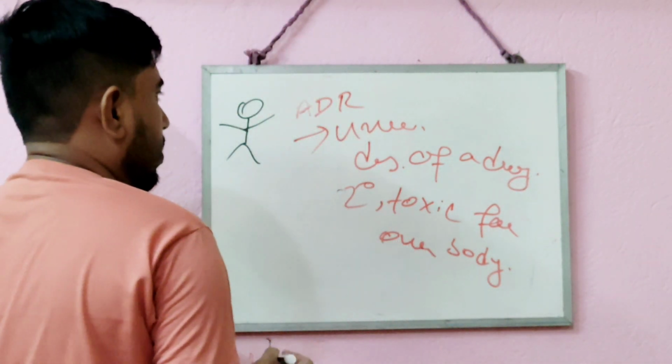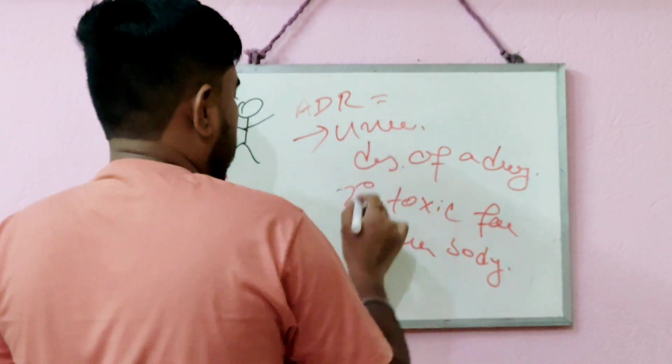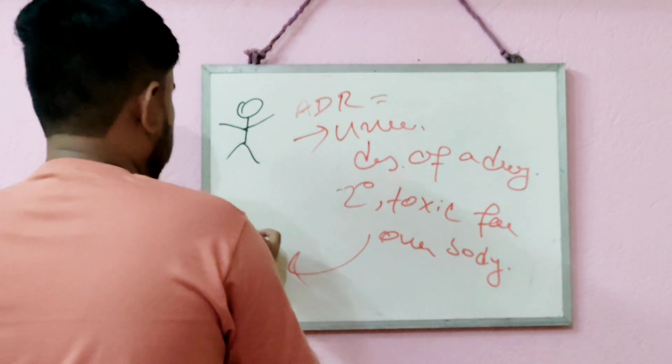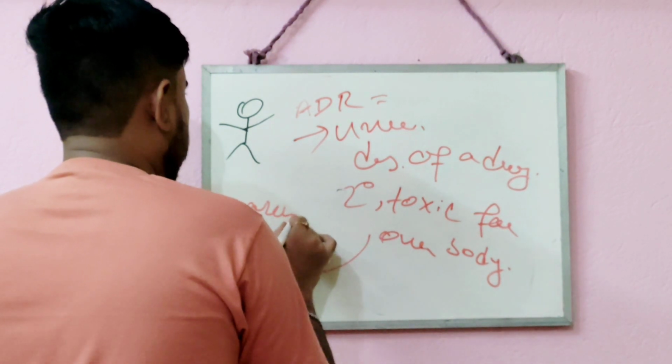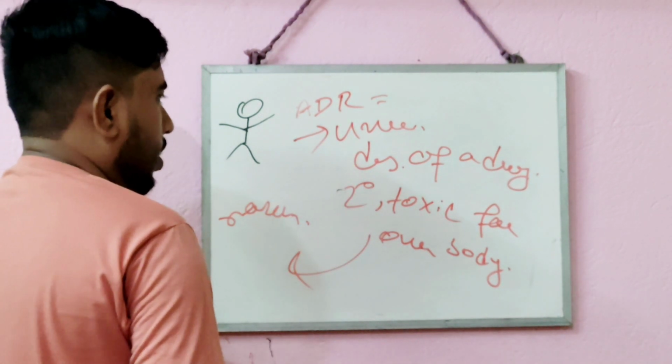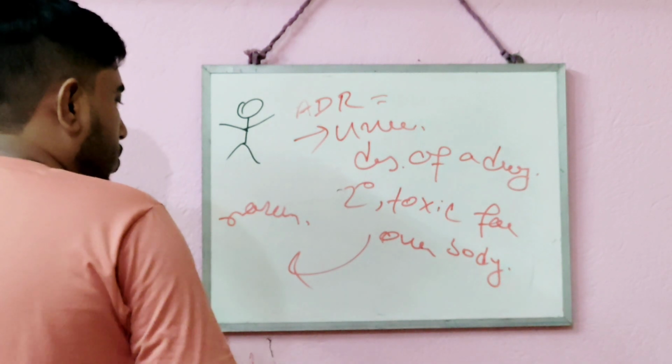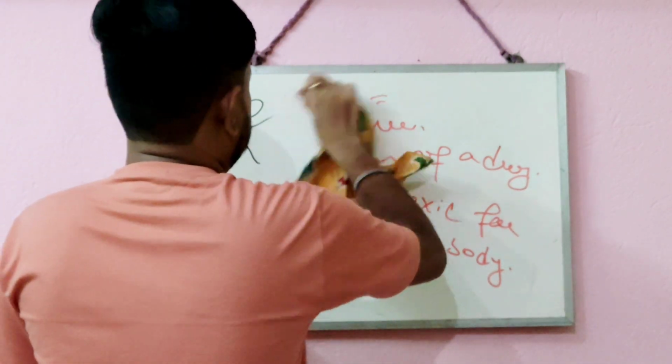Those unwanted effects are called adverse drug reactions, and there are different reasons why these adverse reactions are shown by the drug. I will tell you those reasons one by one.